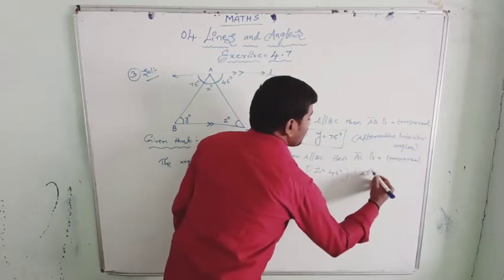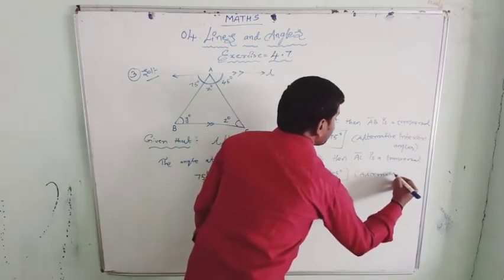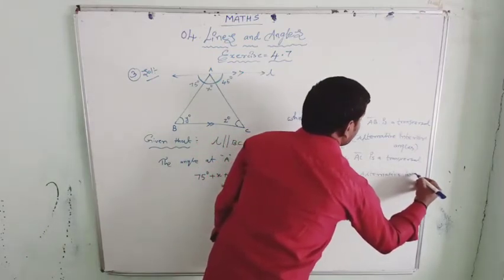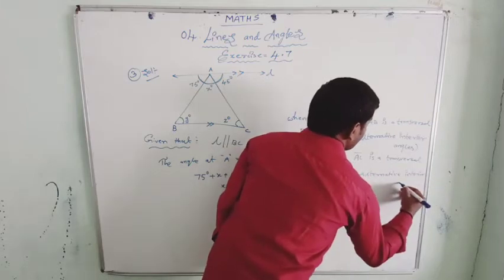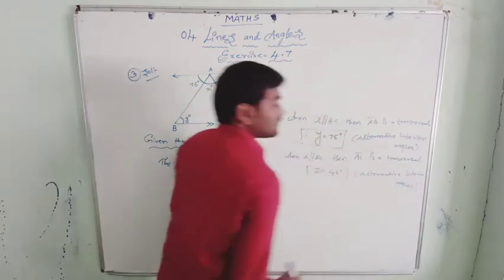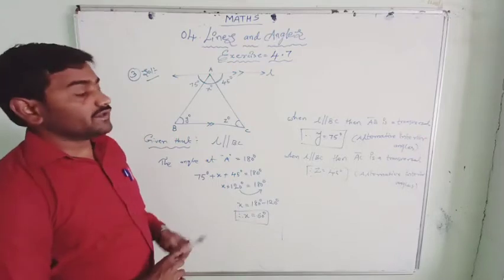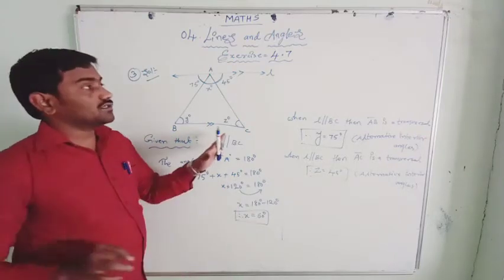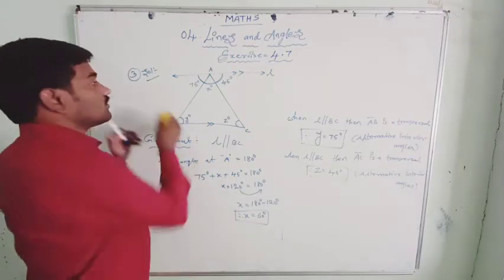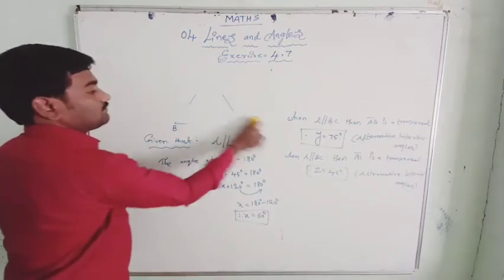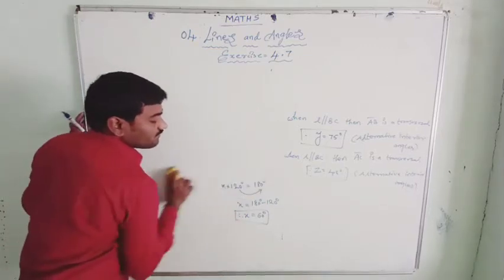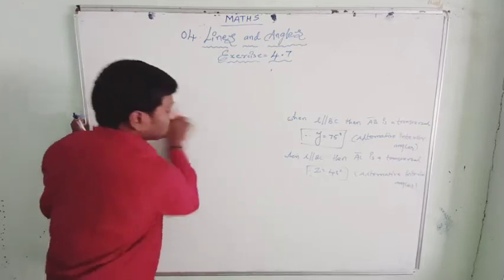This is also alternate interior angles. I hope you understood this. We'll go to the next problem. We got the x, y, z values in this given figure.